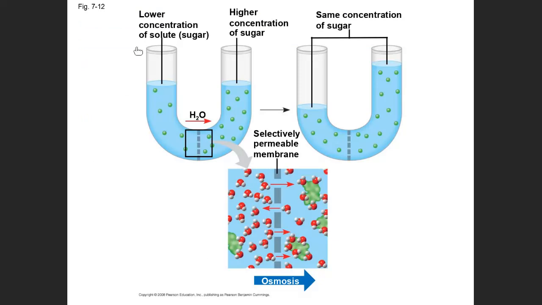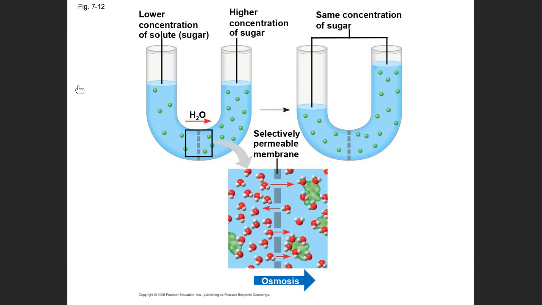So here we have the original U-tube, not what you watch on your computers and smartphones, but a glass tube that is bent in the shape of a U, and there's a selectively permeable membrane at the bottom in the bend. And so water can diffuse across this membrane, but the solute, like a sugar, which is a big molecule, cannot diffuse across the membrane.